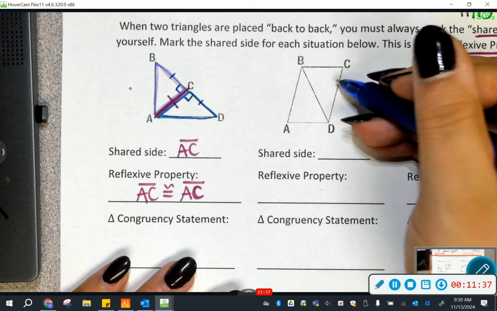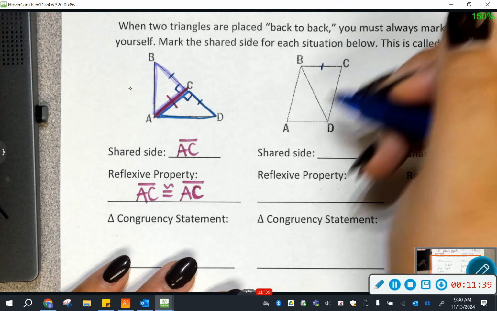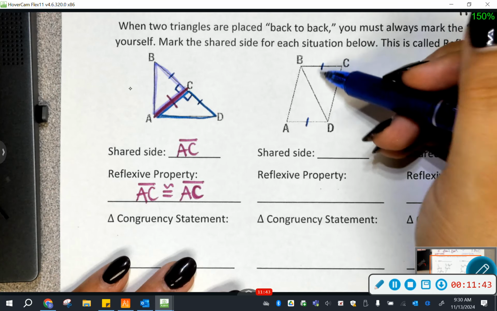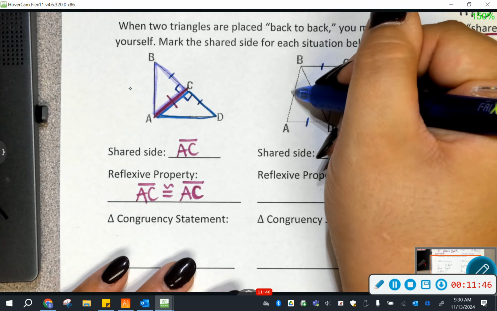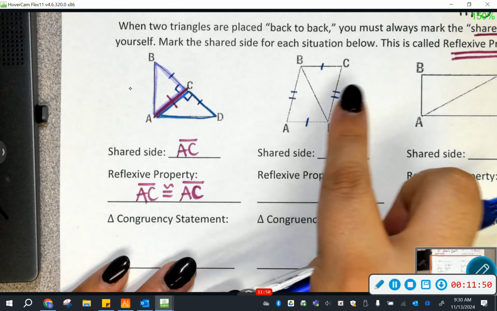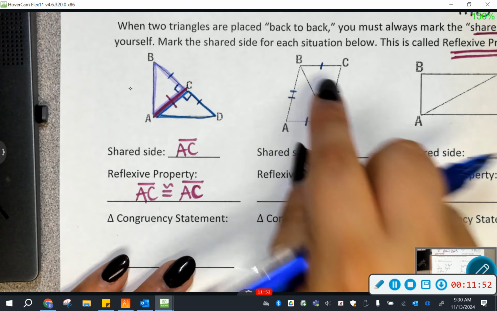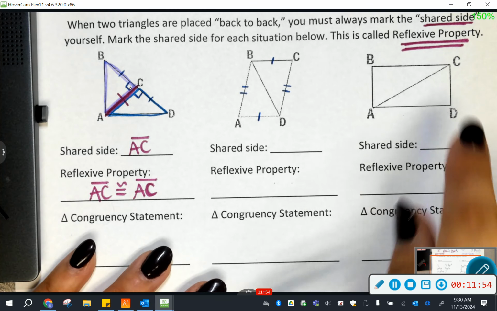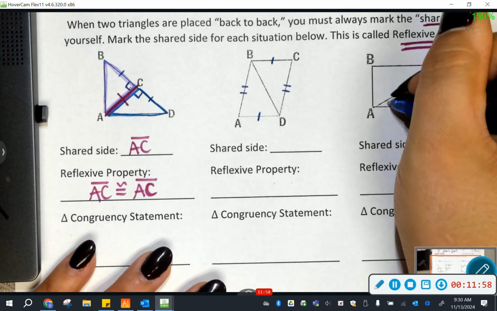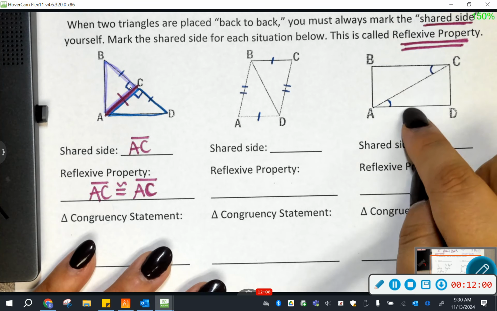On this one, can everybody add a tick mark up top and a tick mark up bottom? And then 2 tick marks here and 2 tick marks here. This was supposed to already be on your picture. And then on this one, can y'all do an arch and an arch there?